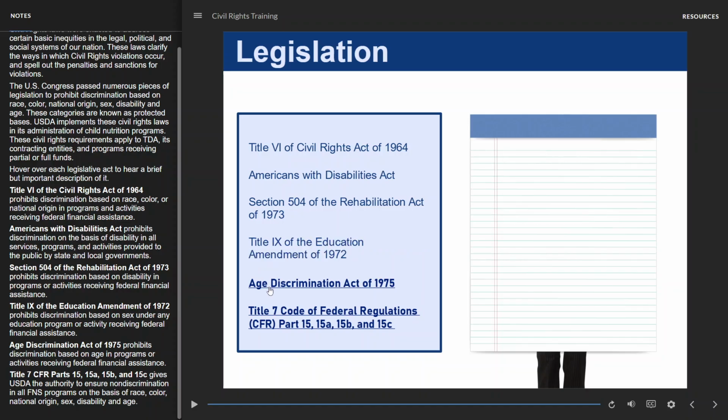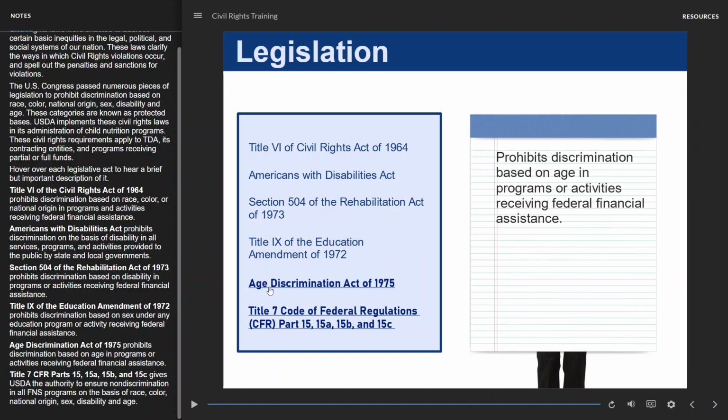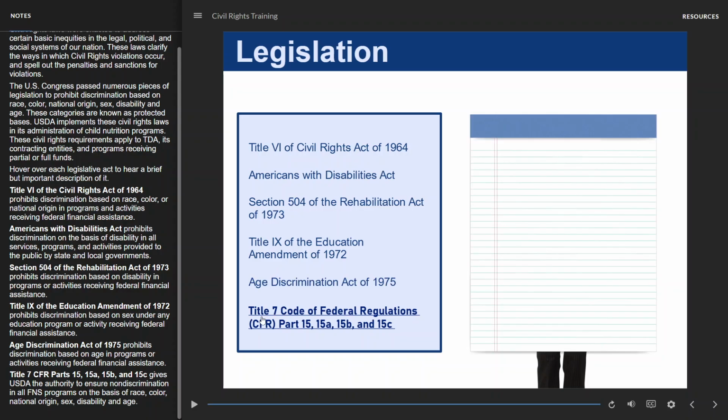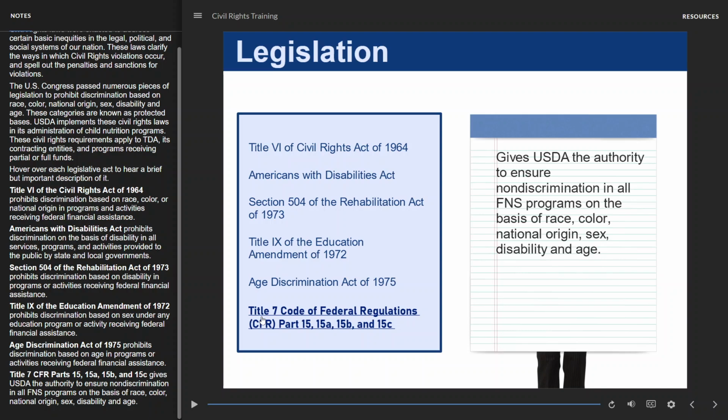The Age Discrimination Act of 1975 prohibits discrimination based on age in programs or activities receiving federal financial assistance. Title VII, CFR Parts 15, 15A, 15B, and 15C gives USDA the authority to ensure non-discrimination in all FNS programs on the basis of race, color, national origin, sex, disability, and age.